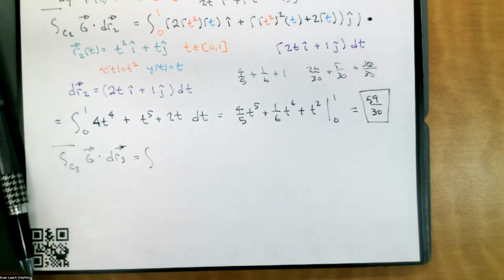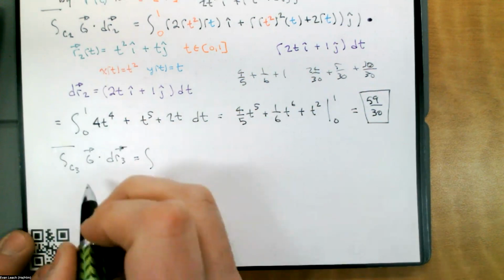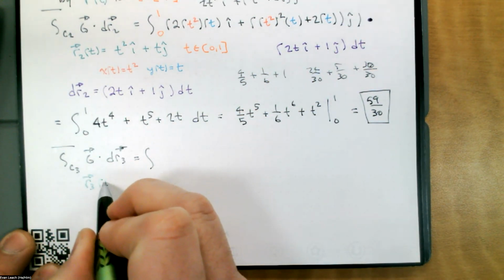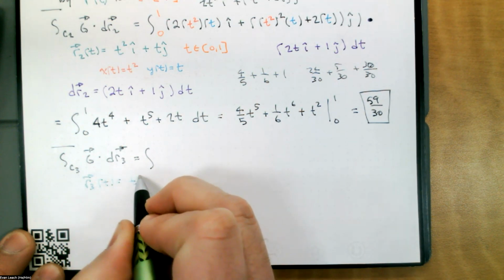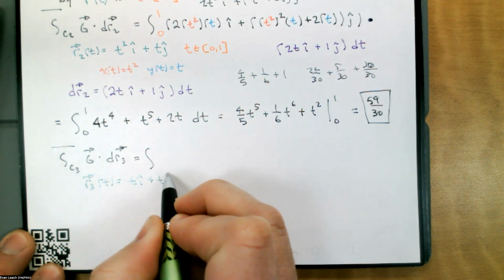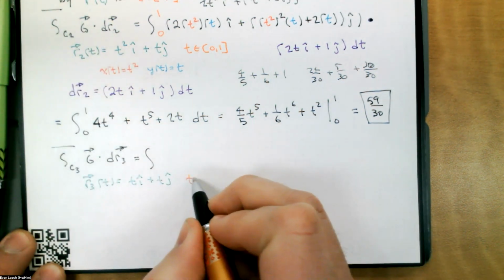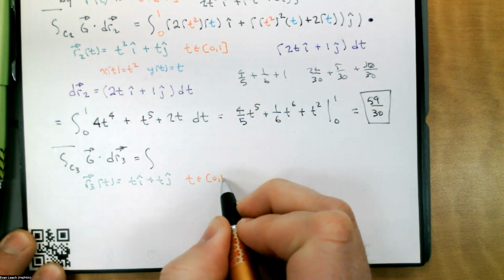So now our path looks different. So r3 of t is just the line t i plus t times j. Our interval is still the same. t goes from 0 to 1.